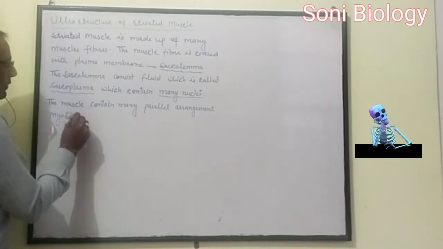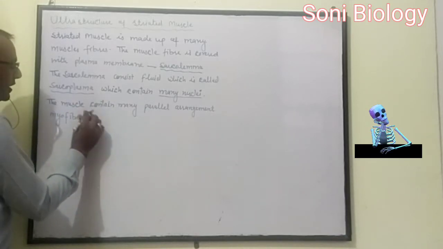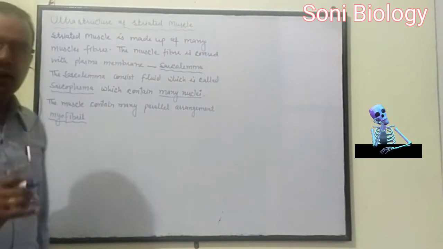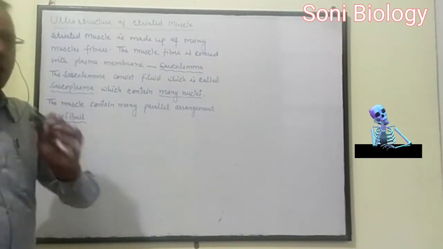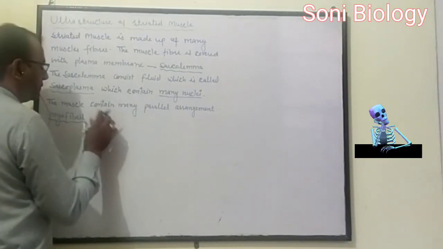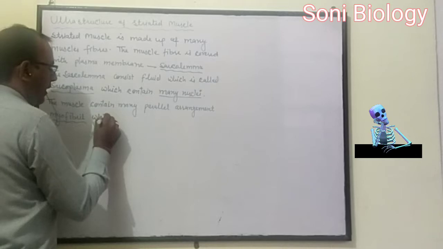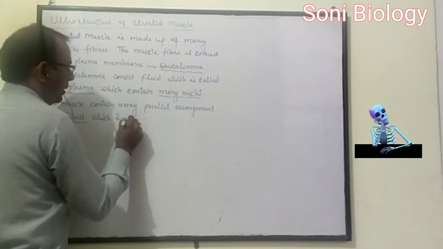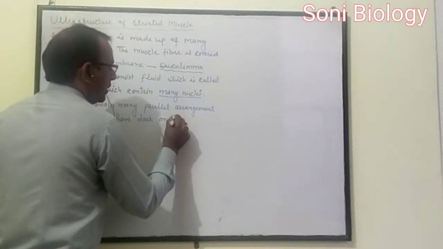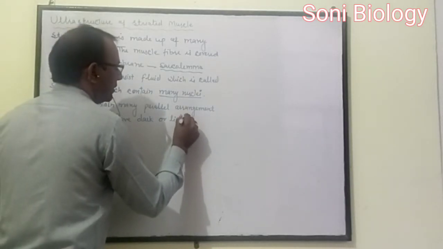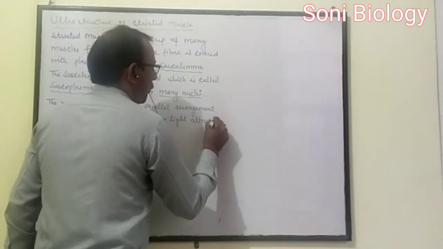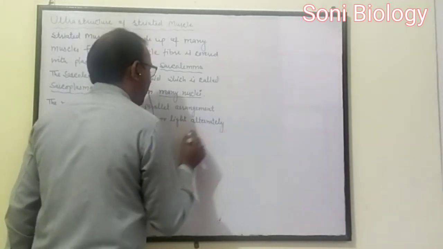It means the muscle fibers contain many myofibrils, which have dark and light bands alternately. It means one is a dark band and one is a light band.